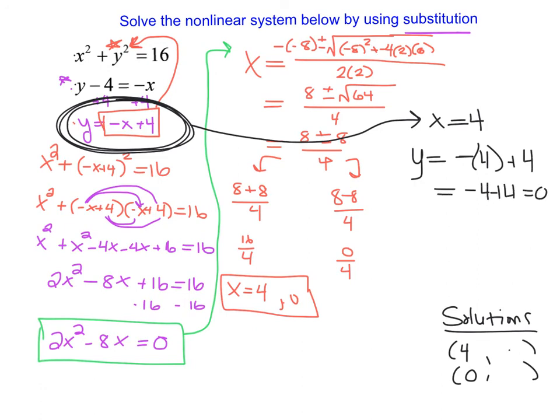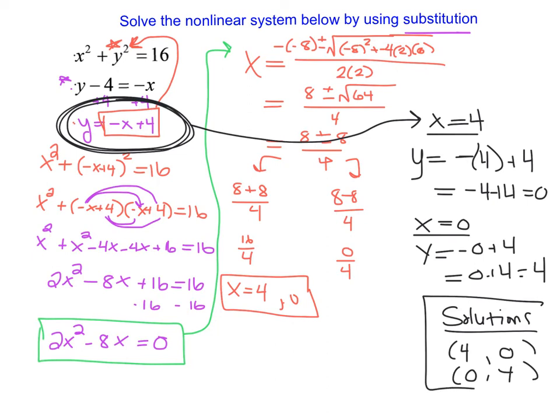So when x is 4, y is 0. And then when x is 0, I have y equals negative 0 plus 4, which turns into 0 plus 4, which is 4. So when x is 0, y is 4. So here I have my 2 points where these two equations will cross.